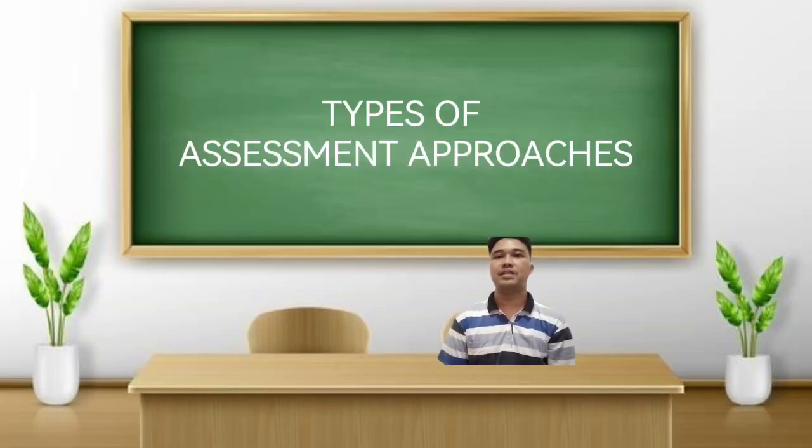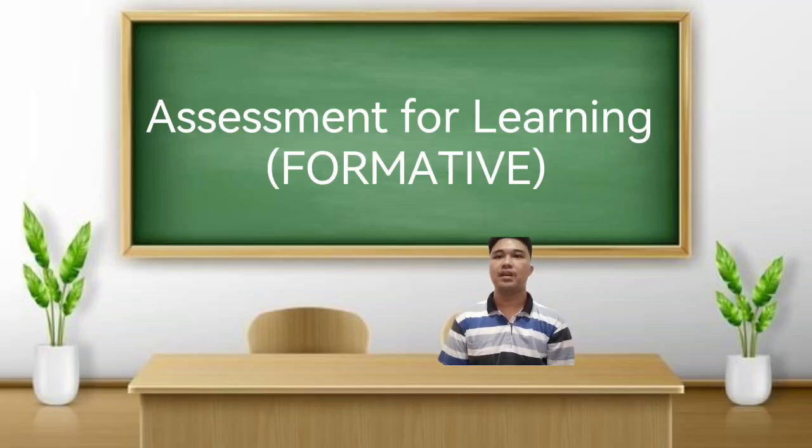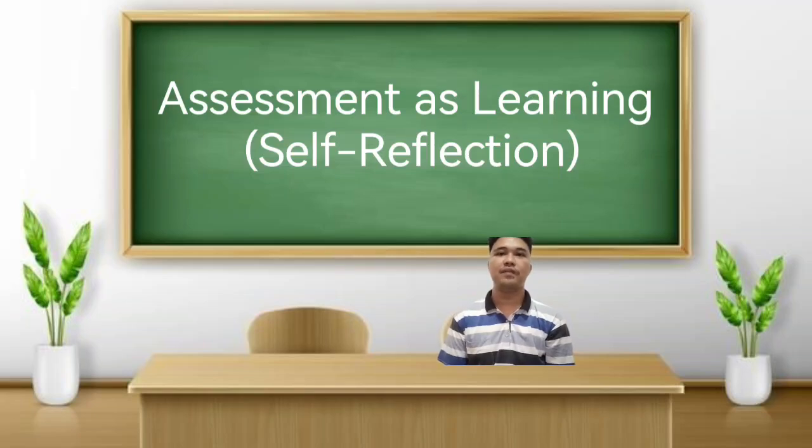Here are the types of assessment approaches. Assessment for learning, or formative, is continuous monitoring that provides feedback for improvement during the learning process. Examples: quizzes and class discussions. Assessment as learning, or self-reflection, encourages students to assess their own progress through self-reflection and peer feedback.